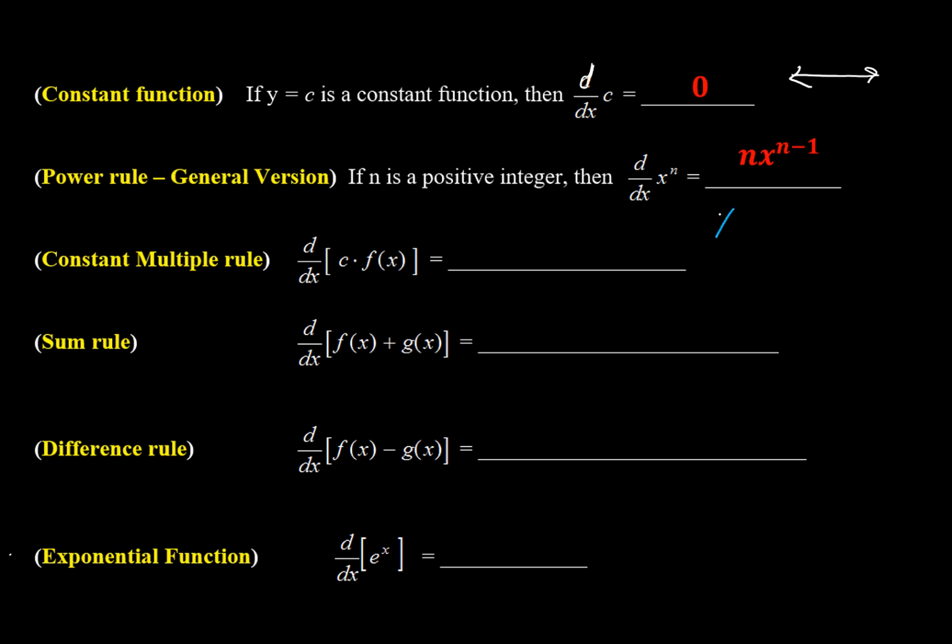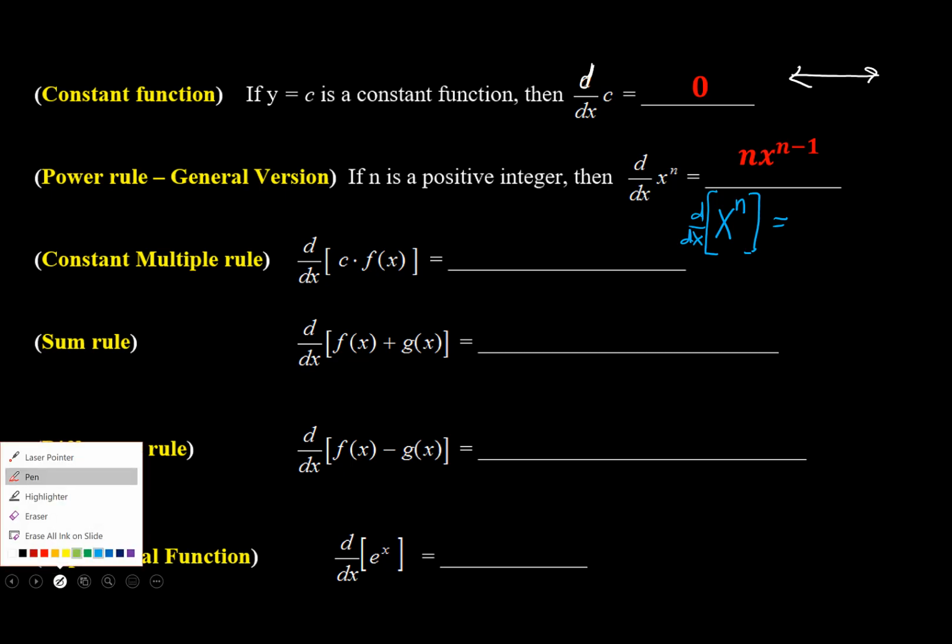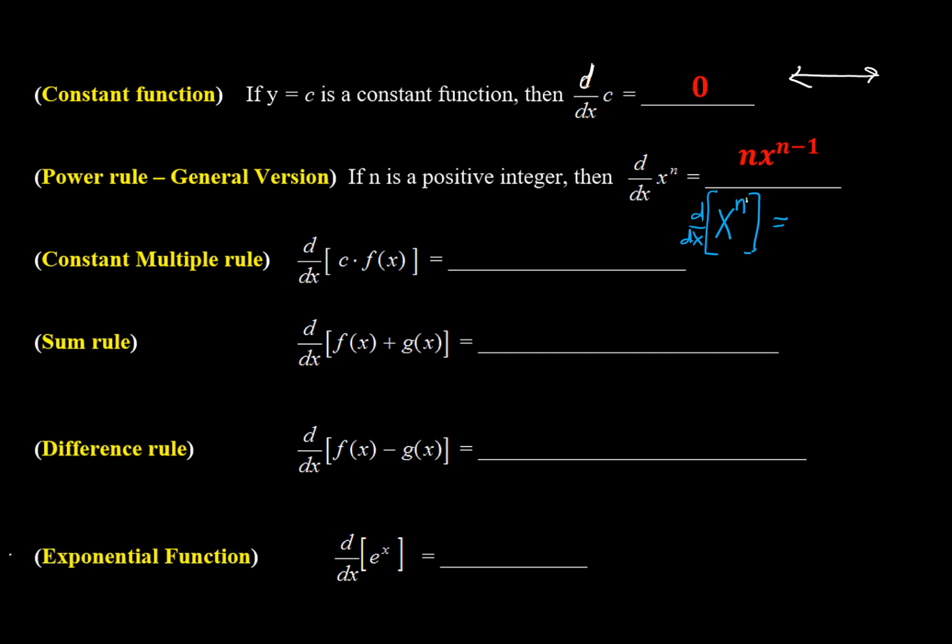If I have x to the n and I need to take the derivative of that, what I'm going to do first is take this n value, this power here, and that's going to come down the front. And then the x stays as is. And then coming back to my exponent, I'm going to reduce that by 1. This is always going to be true.